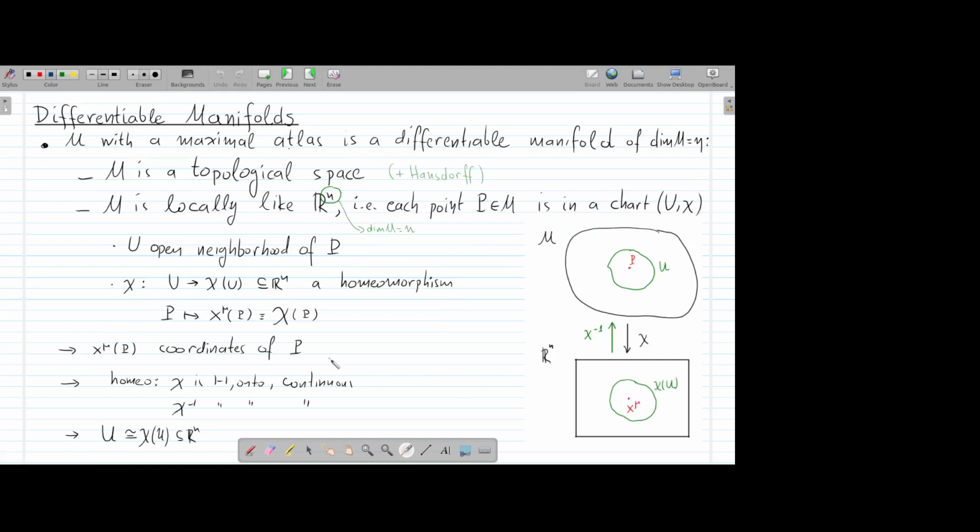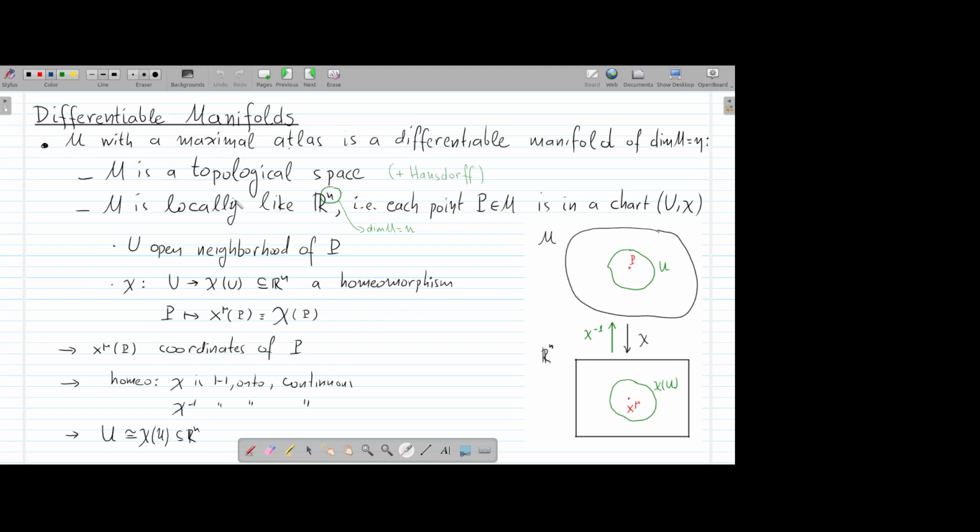So let's move on to see what differentiable manifolds are. Differentiable manifolds are actually topological spaces, and they're Hausdorff, that locally are like Rn, but they have additional structure that gives us a differential structure, which is important for what we want to do in physics.